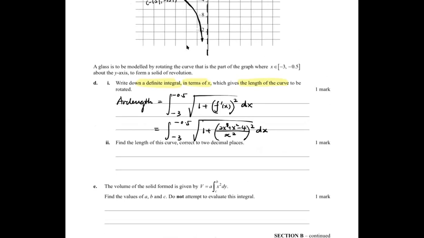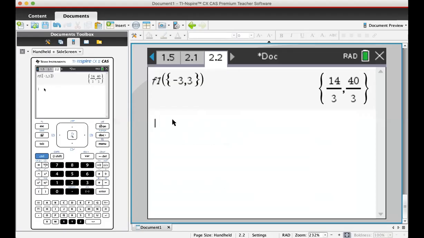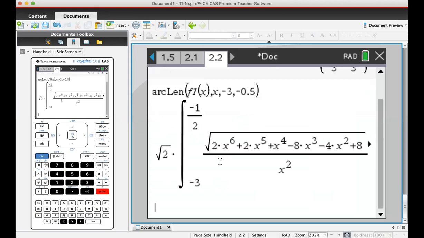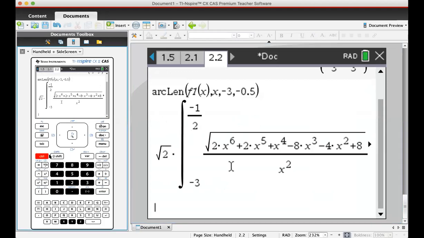Let's have a look at my CAS calculator and see how we go with that. Arc length, f1 of x, comma x, comma -3, comma -0.5. Very ugly expression, but I believe it's identical to the one we just wrote down. Let's have a look here. Shift plus, hold on a second.